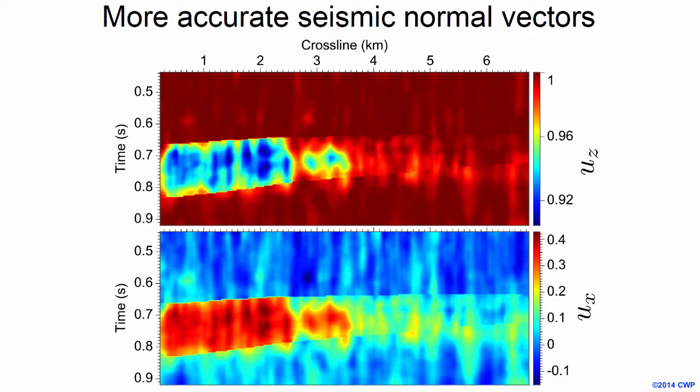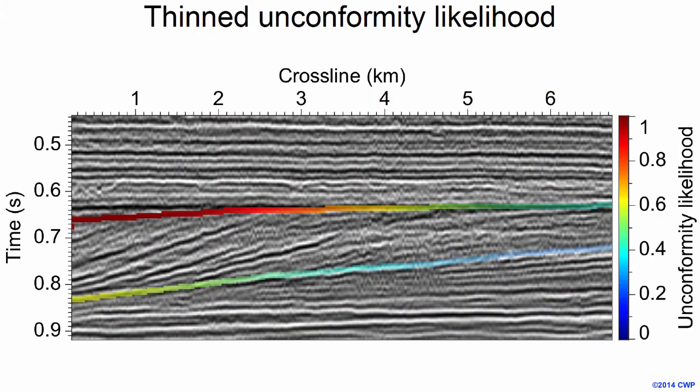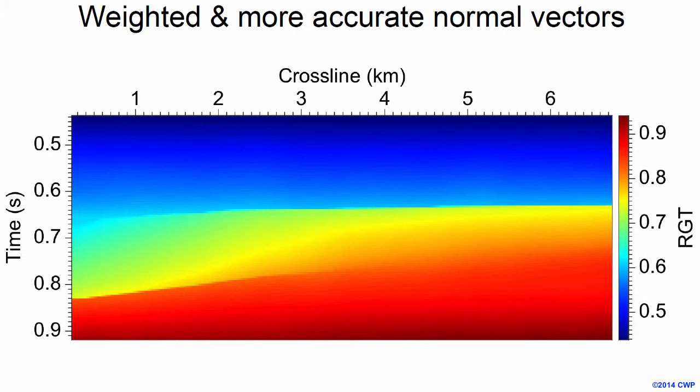Now for the weighted flattening method, we use the seismic normal vectors that are estimated by using our improved structure tensor method, and then use the unconformity likelihood to weight the flattening equations. Using this weighted flattening method, the relative geologic time image we computed is shown here. We can observe that the relative geologic time values are discontinuous at the unconformities.